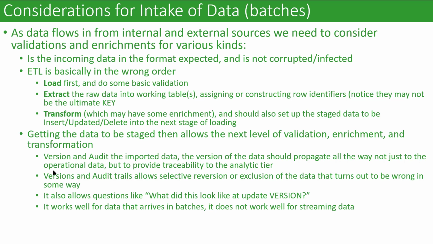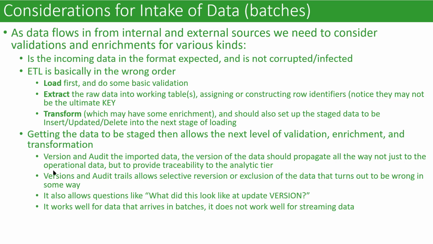We can do two really important things. One is we can version the data. That is to say, we can give it additional metadata about each batch of data as it comes in, so that we have the ability to build an audit trail. And somebody says, where did this fact come from in our analytical data source?